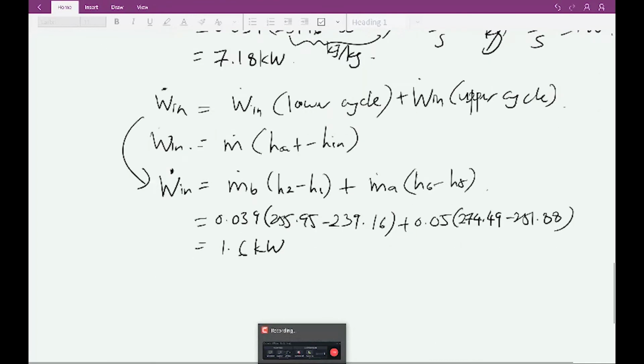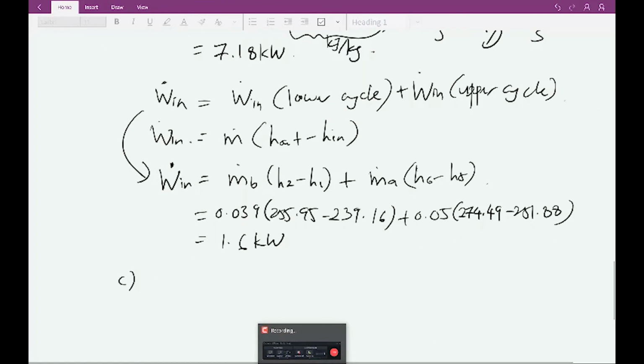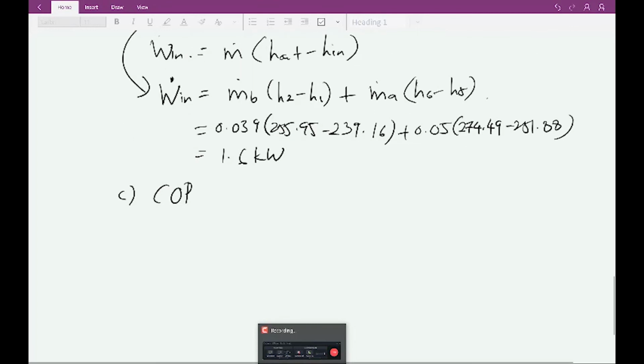Now we look at the last question, C, which is we want to calculate the COP. The COP is very straightforward, which is the performance of this refrigeration cycle.